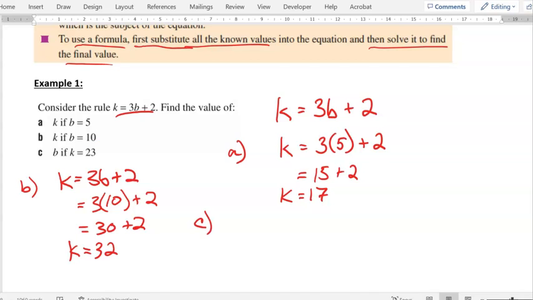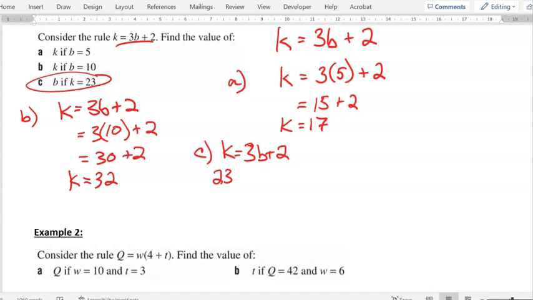Now, for this one, we're using the same formula or rule, 3b plus 2, but now we're asked to find b if k is 23. So we don't need to mess around with the formula. We're just going to substitute 23 where k was, and still keep the rest. So now we're solving for b.